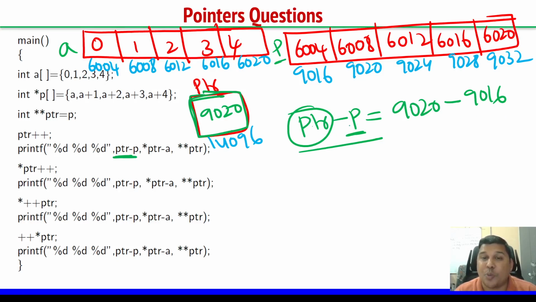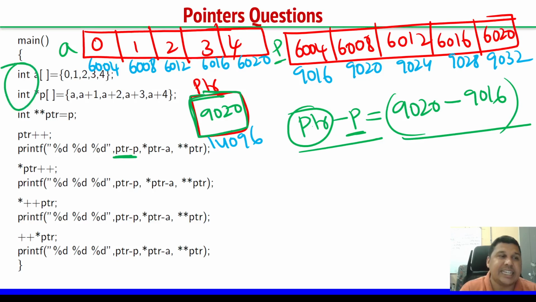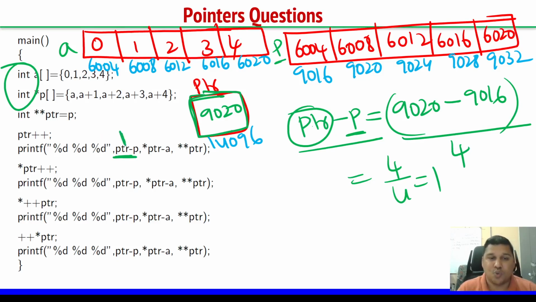When you subtract two pointers, yesterday we saw that you have to find the absolute difference between these two and divide it by the size of integer. Since these arrays are integers, you divide by the size of integer, that is 4. Absolute difference means positive difference. The positive difference between these two is 4, so 4 by 4 gives you 1. So the PTR minus P value is 1.